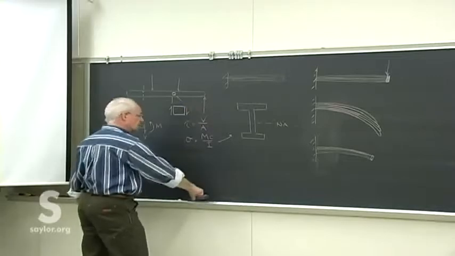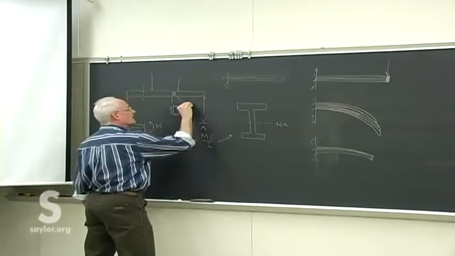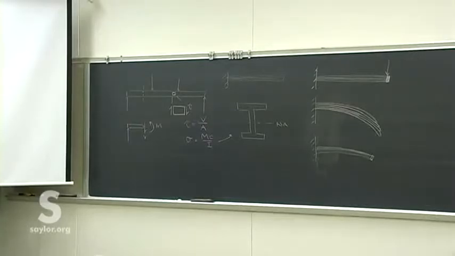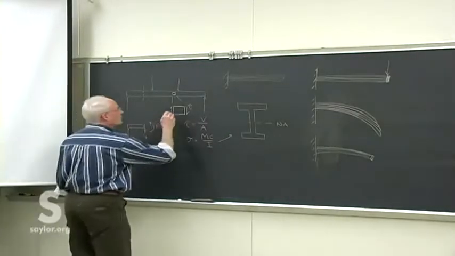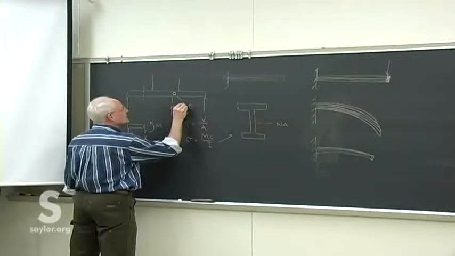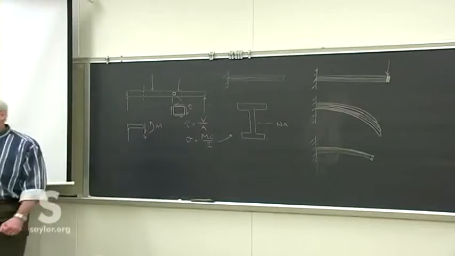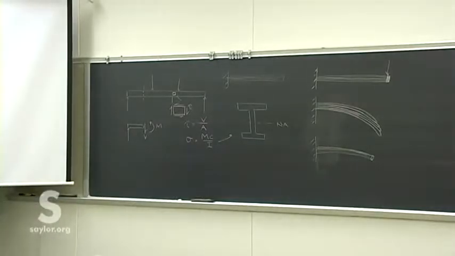We'll put it in terms of shear stress rather than in terms of the shear itself, because it does have to do with the area. But we're now going to look at these longitudinal shear stresses that run down the length of the beam in the axial direction.